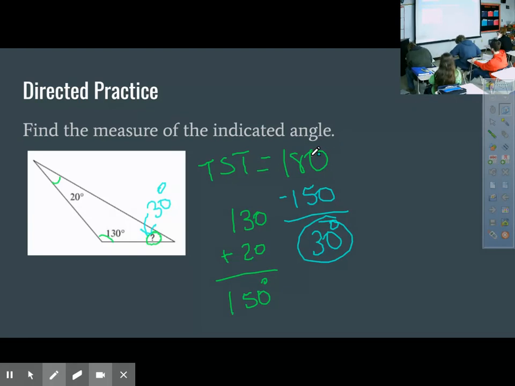You've got acute, right, obtuse, and equiangular. Okay, how come it's a right triangle? It has one right angle? Okay, a right angle means it equals 90. Which of these is 90?